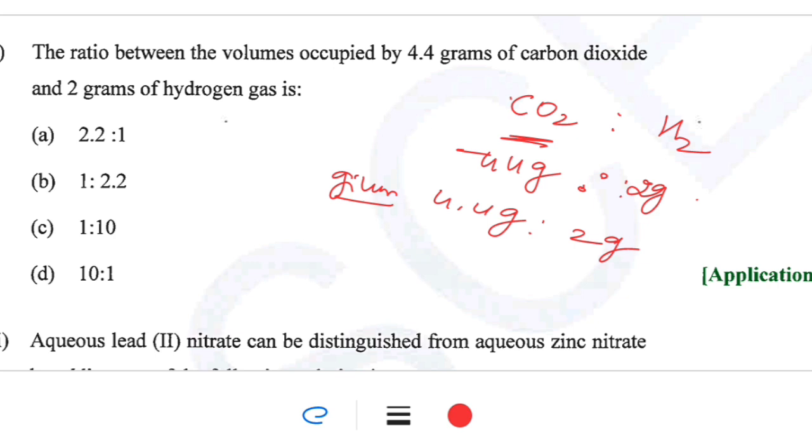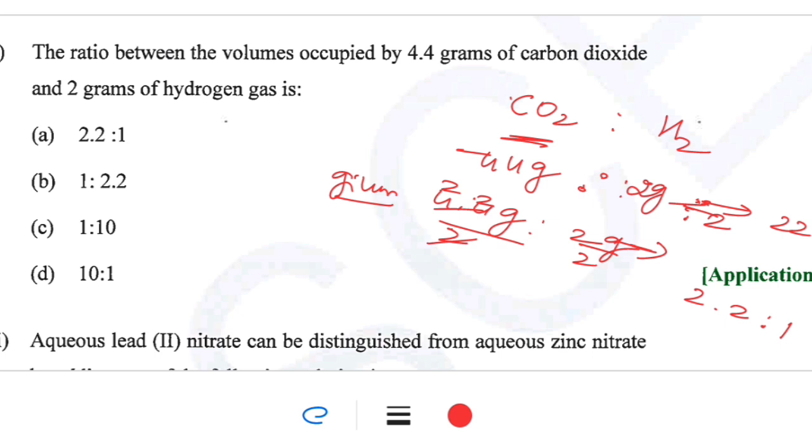If I convert this into the smallest ratio, how am I going to do this? Divide by 2 on both sides. It converts into 22 to 1. Here, if I divide by 2 on both sides, it is going to be 2.2 to 1, right?